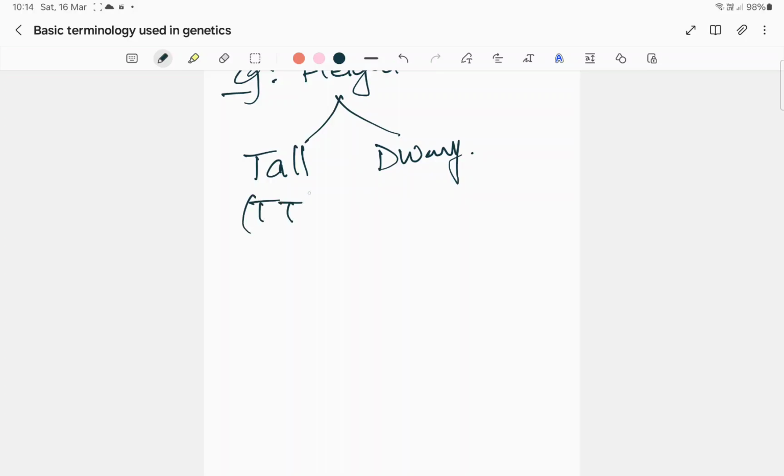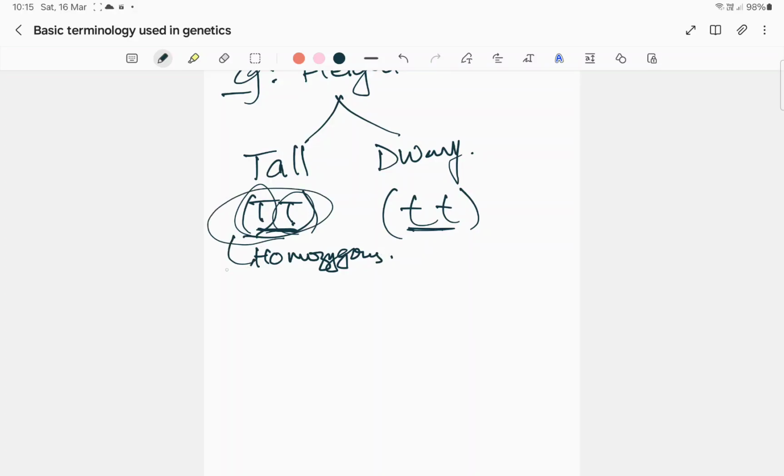Tall is capital T, dwarf is small t. In any gene, if both the alleles are of the same type, these two alleles are of the same type, right? Then it is called homozygous. This is called homozygous dominant, and this is called homozygous recessive.